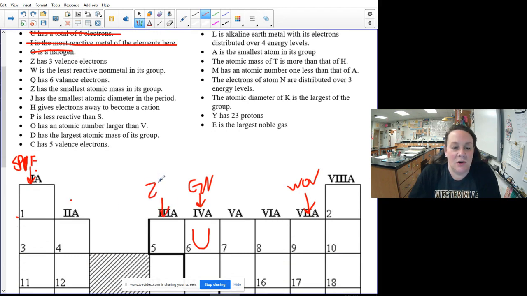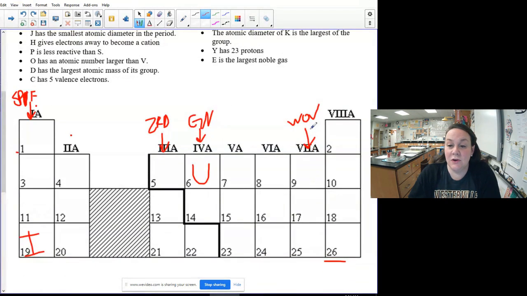So Z, R, and D must go in here. And so you're just going to go ahead and finish these in, make sure your trends. For instance, W is the least reactive nonmetal in its group, so I know that W is over here. Remember, nonmetals get more reactive as you go up, so that means that this must be down here.